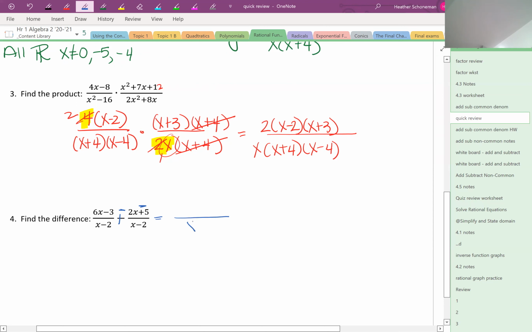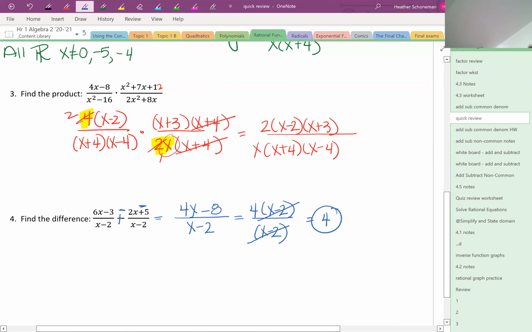So my denominator stays the same, x minus 2, and now I'm going to combine my numerator. 6x and negative 2x is 4x, negative 3 and negative 5 is negative 8. Now we have to see, does this top factor? It does. I can factor out a 4, and that leaves me with x minus 2. And on the bottom, I have an x minus 2 as well. So those cancel, and my final answer is 4.